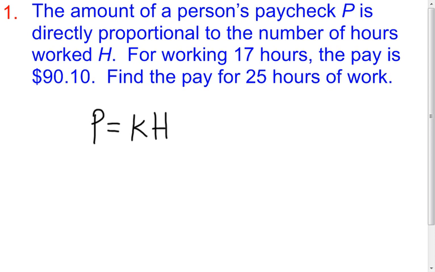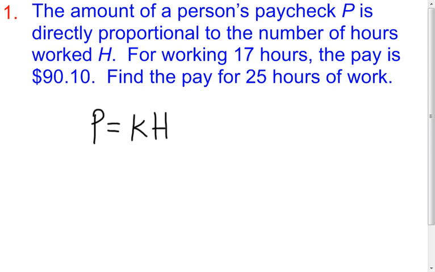And then it says, when you work 17 hours, you get paid $90.10. So clearly, however much you get paid is dependent on however many hours you work. And the problem is you don't really know how much per hour you make here. So you have to figure out what that constant is. In this case, that constant is going to tell you how much money you get per hour of working.